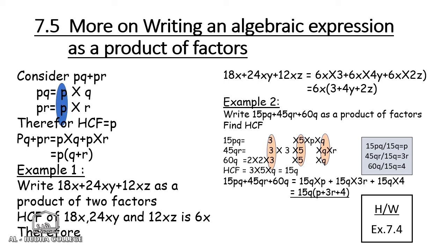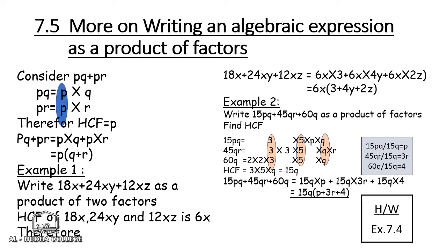15pq divided by 15q, where 15q is the HCF, gives p. That is in the blue box I am referring to. 45qr divided by 15q: according to the previous note on how to divide, the balance you get is 3r.